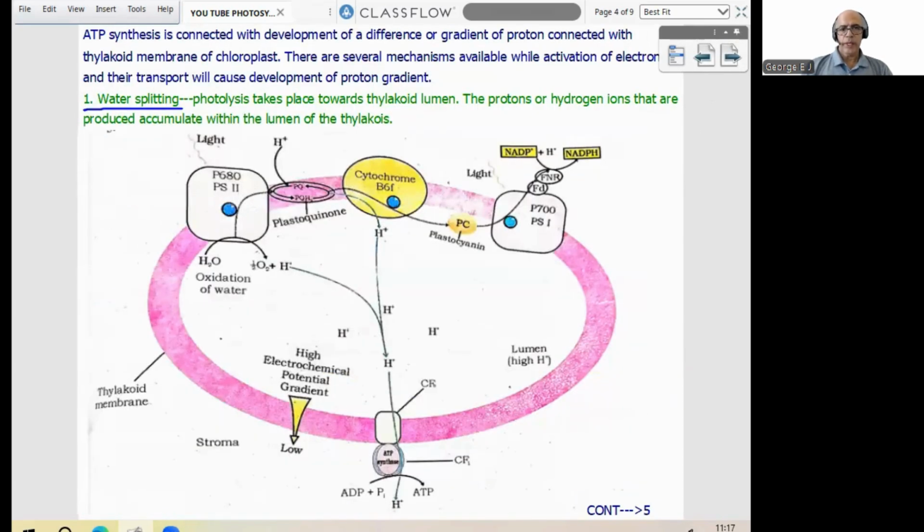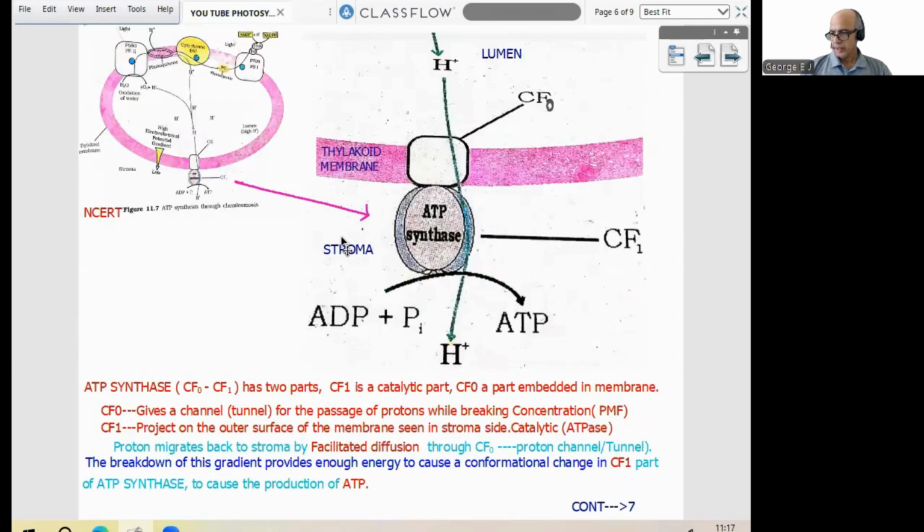And that beautiful diagram explaining everything: how the proton accumulation takes place, water splitting, when electrons move through photosystems, and finally the NADP reductase enzyme. So water splitting, photosystems, NADP, NADPH. After that, how ATP synthesis takes place. This diagram, CF0, CF1.